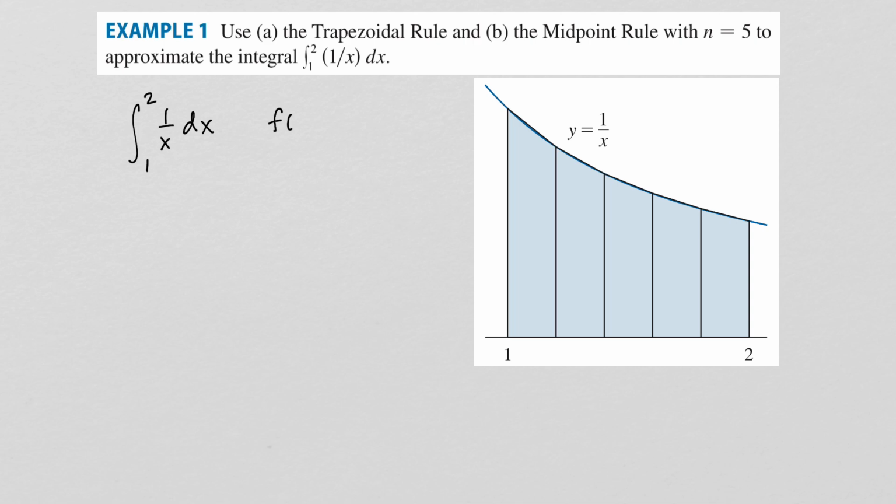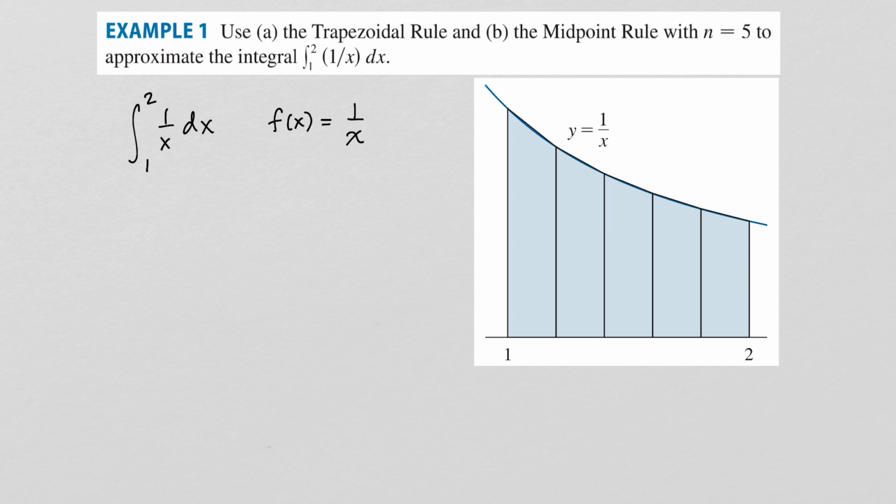So first, let's just identify that our function here is the function 1 over x. And to your right here, I have a graph of the function 1 over x on the interval from 1 to 2. You don't have to draw a graph of the function with the trapezoids.